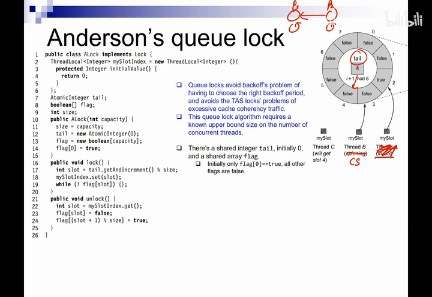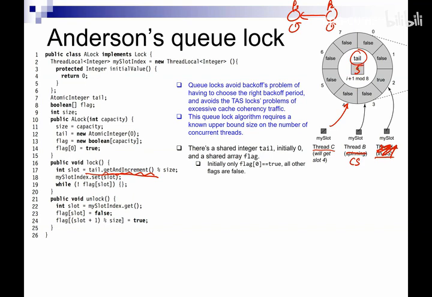So if I'm thread C, for example, and I want to put myself in the queue so I can get into the critical section eventually, then I'm going to do a get-and-increment on the tail. Get-and-increment gets the current value of tail, which is 4, so I now get position 4. And atomically, it increments tail. This get-and-increment is another atomic operation.